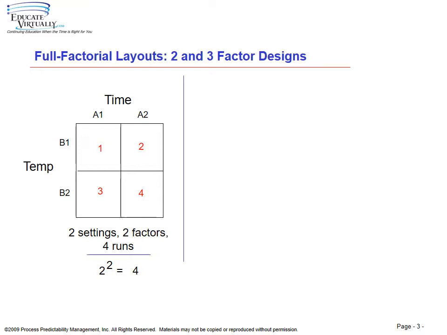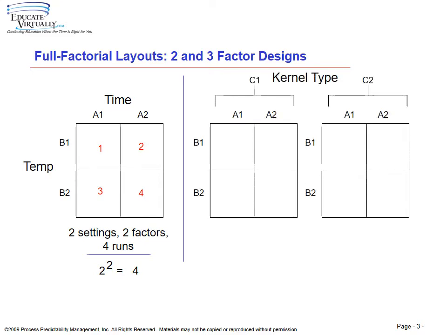Let's see if we can make this a little more complex. Now let's add factor C, the kernel type. We could have Orville Redenbacher, and we could have Staff brand. So we have two different kernel types, but we still have time and temperature in our design as well.